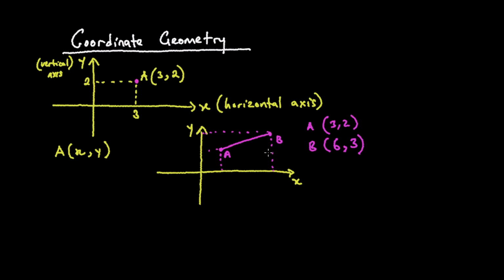So this line, how are we going to define it? To define a line, we need what they call an equation of the line. And the equation of the line, the general statement is y is equal to mx plus c.